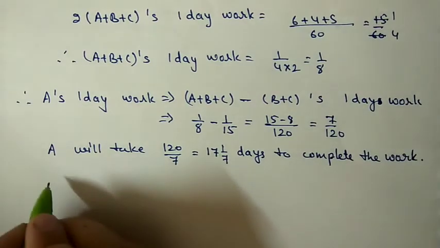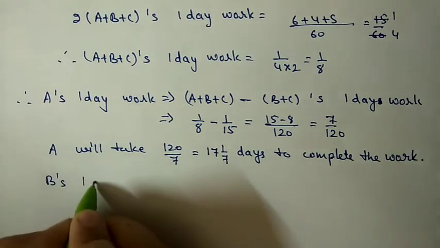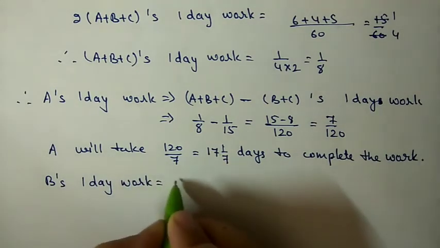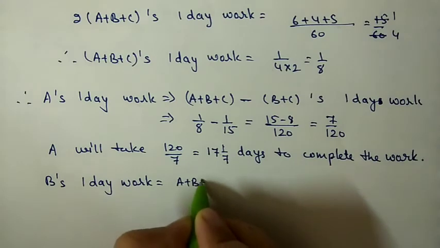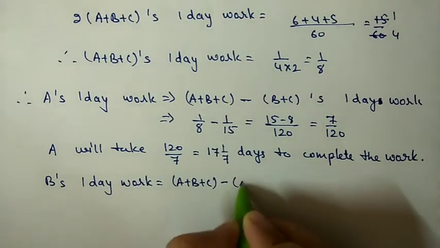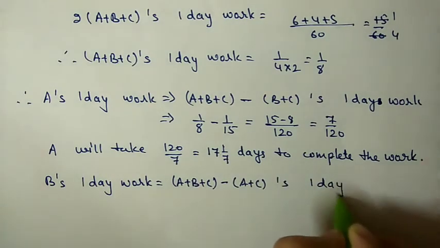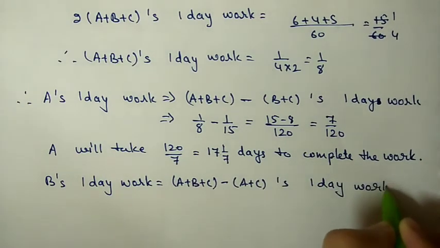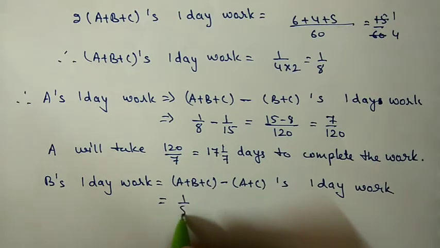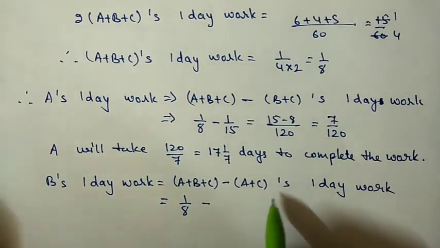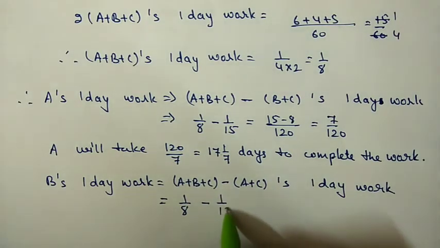Same thing we will do for B also. B's one day work will be A plus B plus C, and we will subtract A plus C's work. So 1 by 8 minus A plus C, which is this third one, 1 by 12.